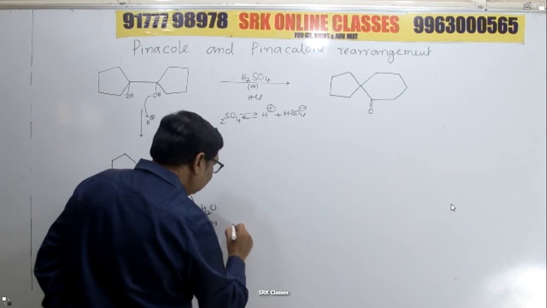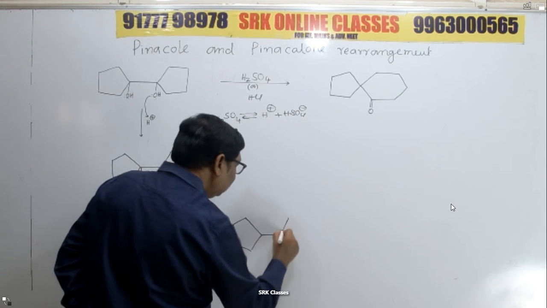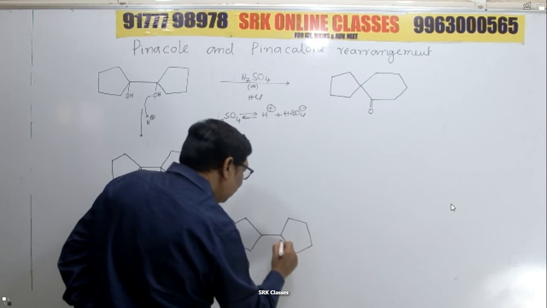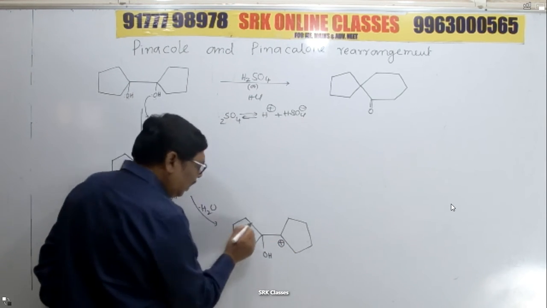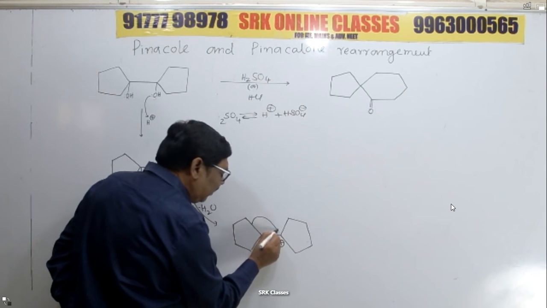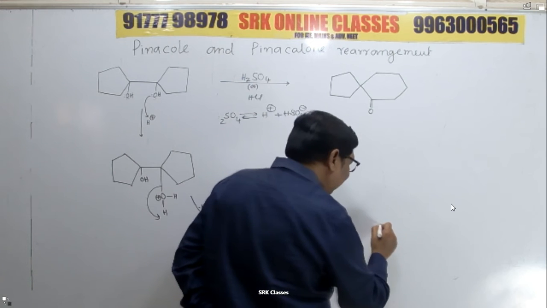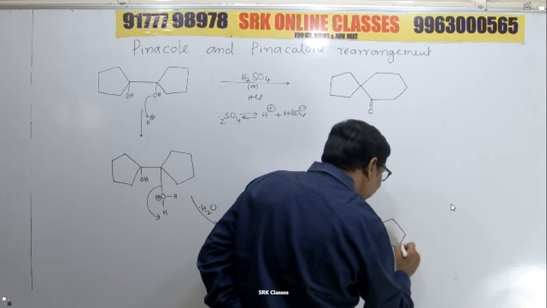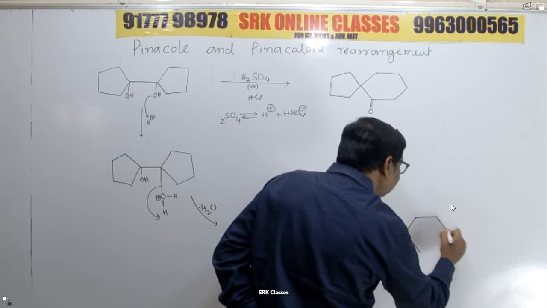That becomes the carbocation here. This OH group will be the same, and this pair of electrons is shifted here, so that the 5-membered ring will be as it is. Now this becomes a 6-membered ring.